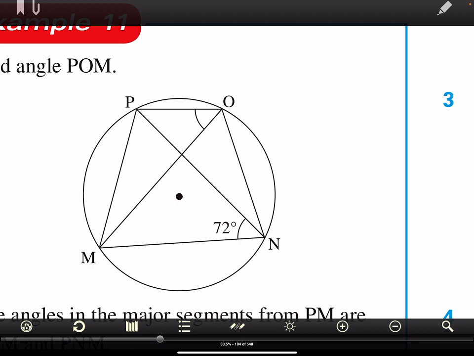That is the question. P go to N, back to M. So the angle of N is 72. I need to look for something else that goes from P to somewhere else and then back to M. And that angle is also 72.